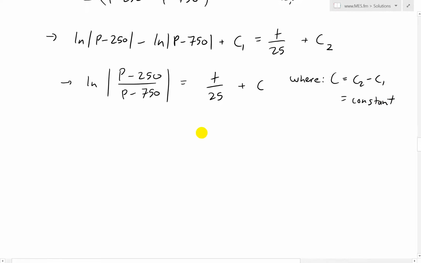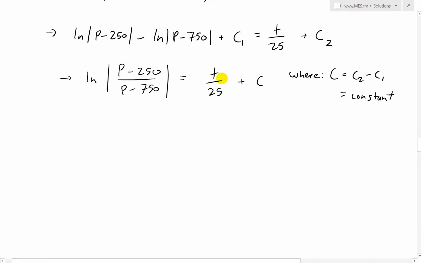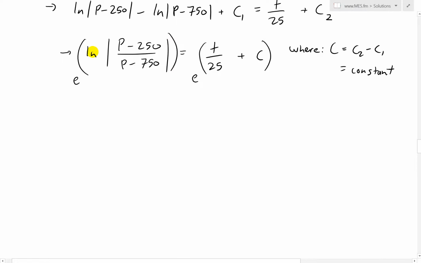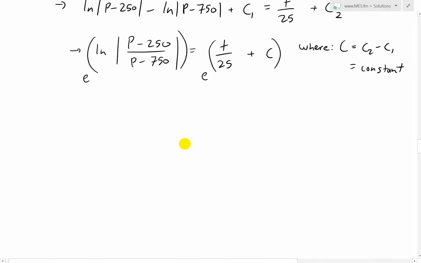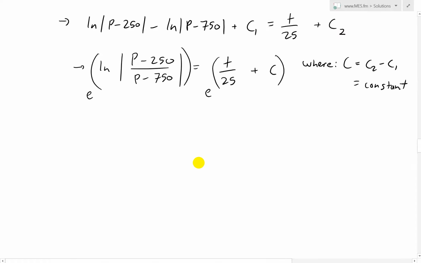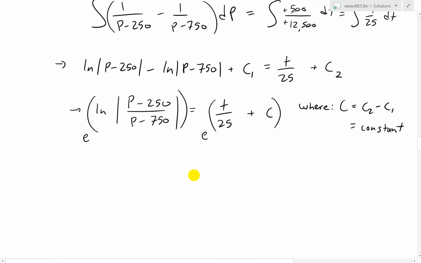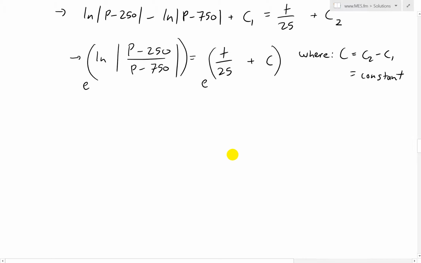So we have that, and now what we'll do is simplify this further, take the power of e, and put e as a base on both sides, so we're not changing anything. We're doing this so that e and ln cancel, as in my usual videos on separable equations and deriving the explicit solution for the logistic equation. So this one's a bit more complicated, just more tedious, but same principles.